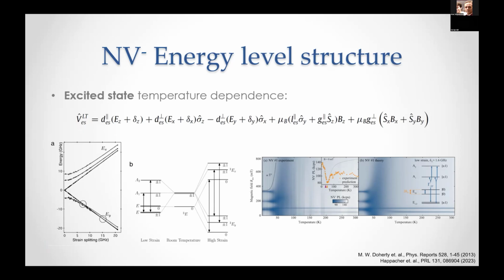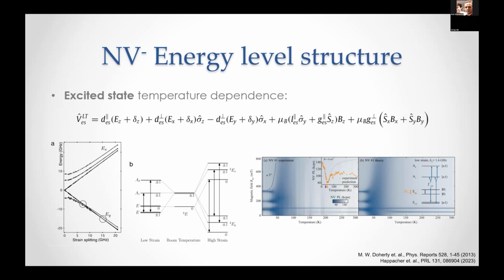And you see various interesting features that I will not necessarily go into completely, but I would like to point out to you that this is kind of a low strain scenario. So assuming an NV that's low strain, but if you look at the high temperature region, this basically room temperature region, you can see that fluorescence is pretty constant, except two drops at two points that are associated with the zero field splitting.